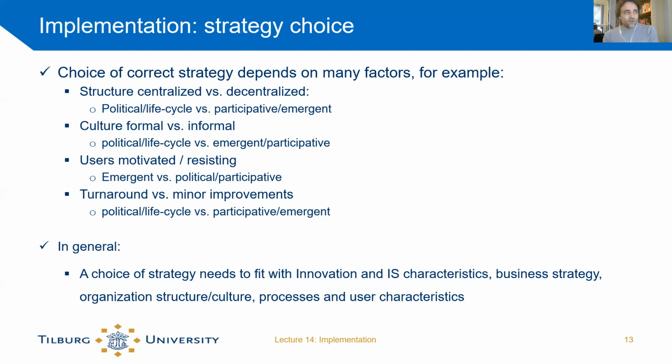If you have a very good formal culture, then again, political or life cycle may work, etc. If your users are very motivated, then emergent strategy will work. If your users are resisting, then you would probably need political or participative implementation strategies, etc. So in general, the choice of implementation strategy depends on the innovation and all the other characteristics of the organization and the people.